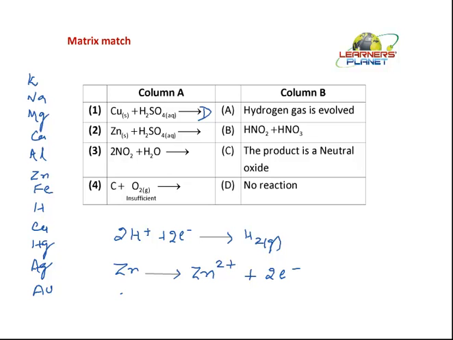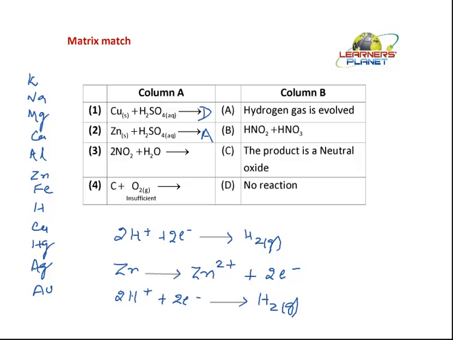Now these 2 electrons will be accepted by hydrogen ions, and it is going to form what? It will form hydrogen gas, that is H2 gas. So what would be the right option for this? The hydrogen gas is evolved.